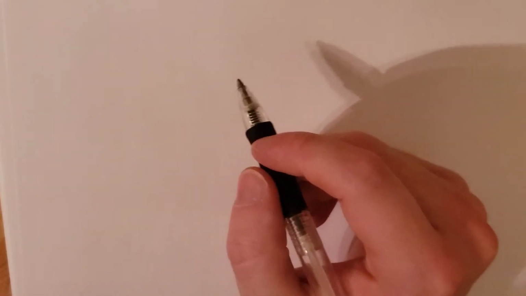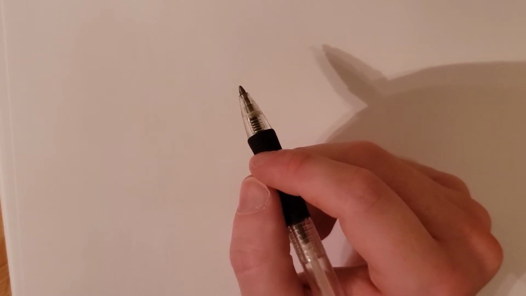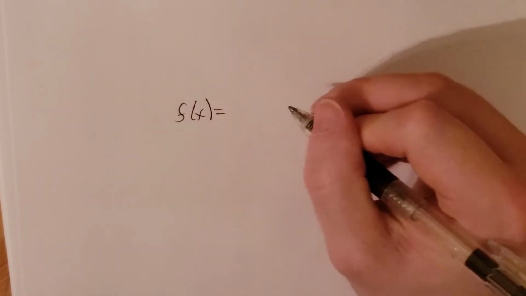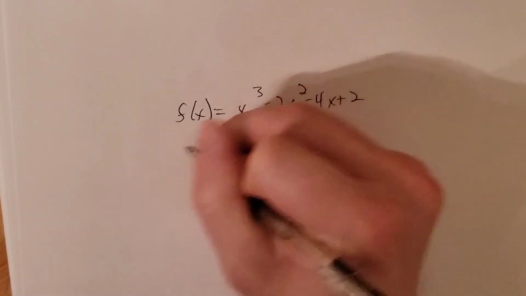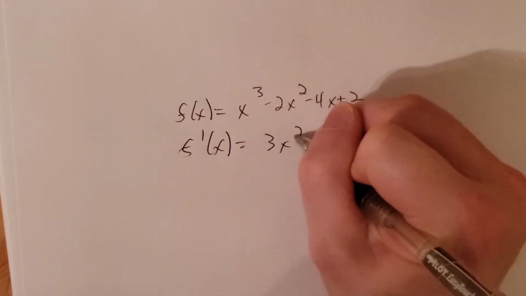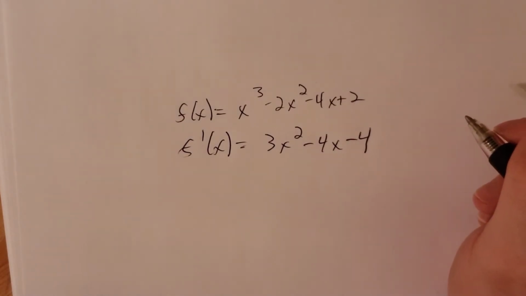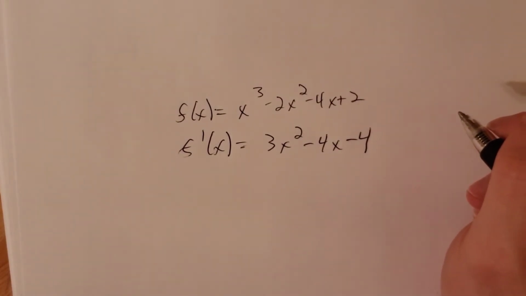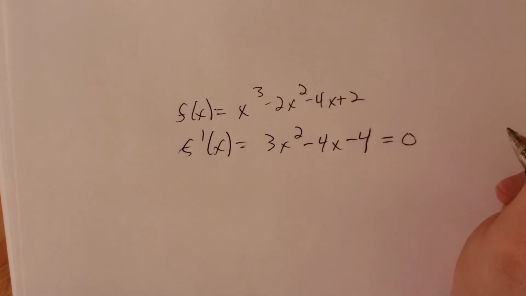And the second part of the question is then to find all numbers c that satisfy this conclusion. In other words, find all points c between negative 2 and positive 2 where the derivative is 0. So what is f of x? F of x was, again, the function x cubed minus 2x squared minus 4x plus 2. So f prime of x is equal to 3x squared minus 4x minus 4. Okay. And then we need to find all points where this is 0.